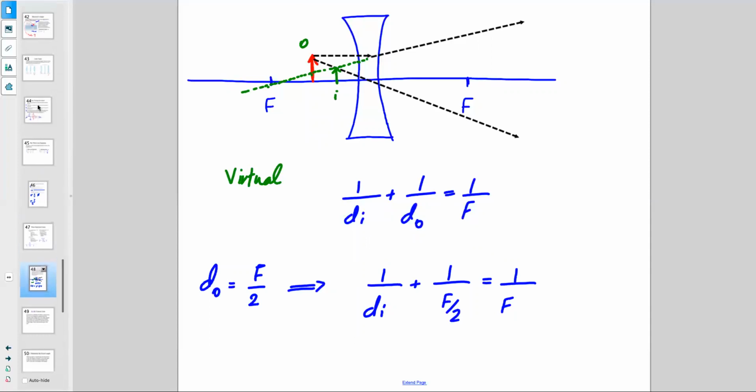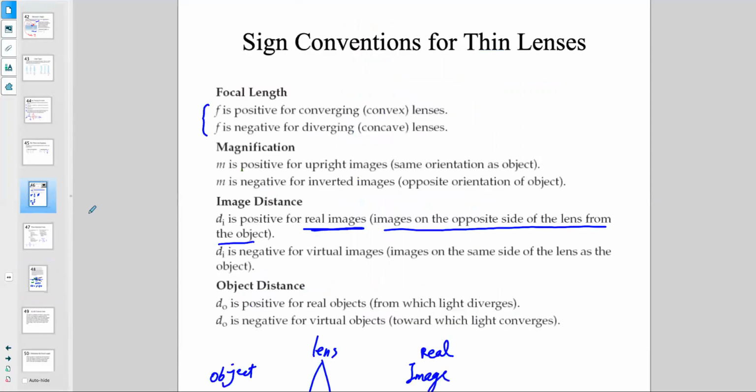Going back to this. Di is positive for real images. Di is negative for virtual images, which is the case that we are dealing with.